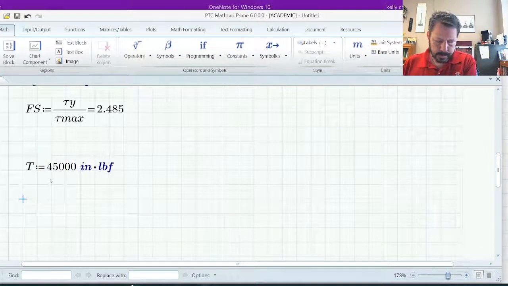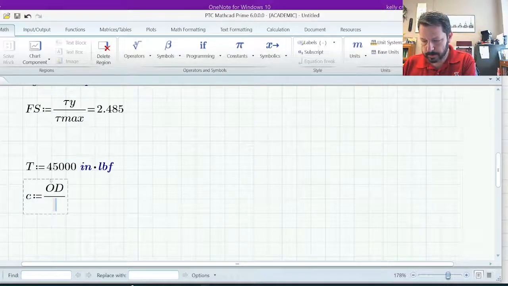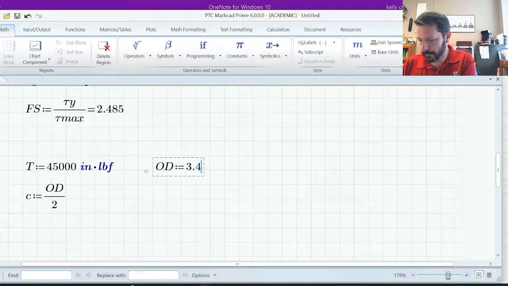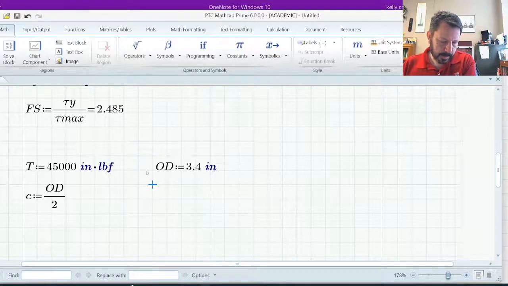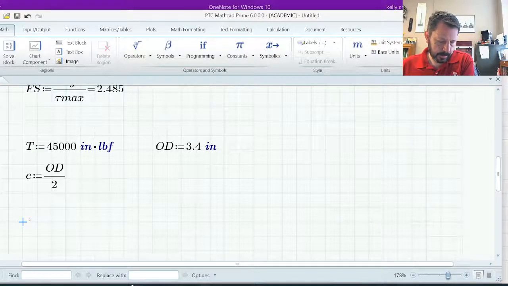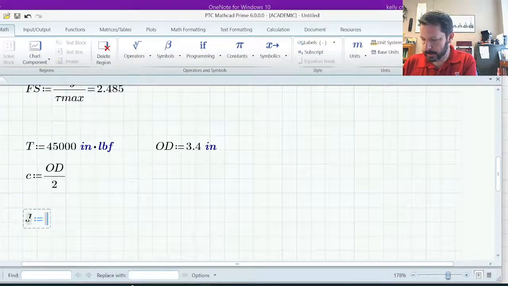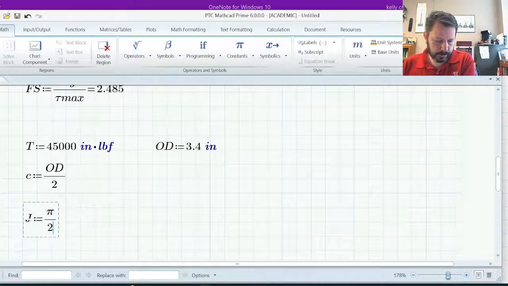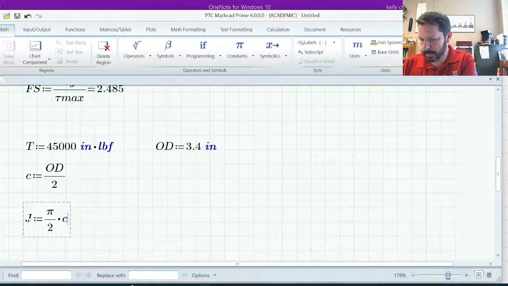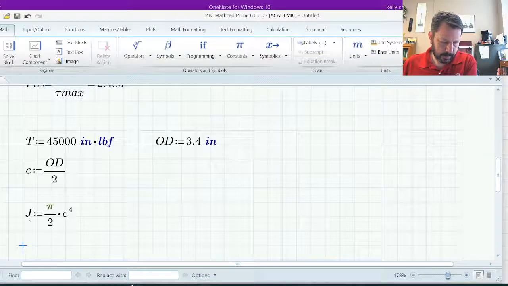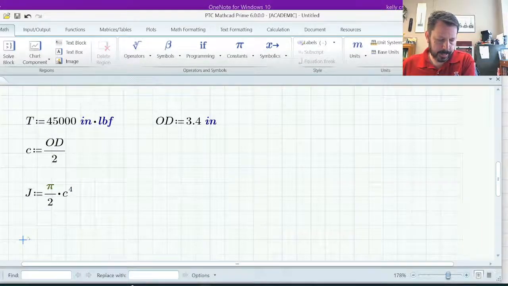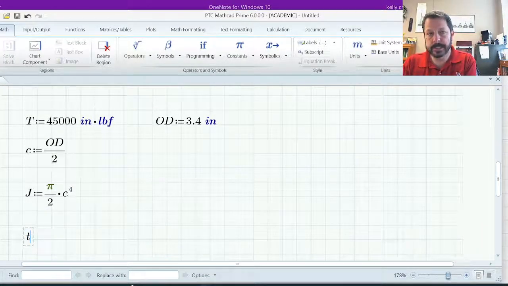C was OD over 2, where the OD is 3.4 inches. And then J is pi over 2 times C to the 4th. And then we should be able to calculate tau, just for section BC.